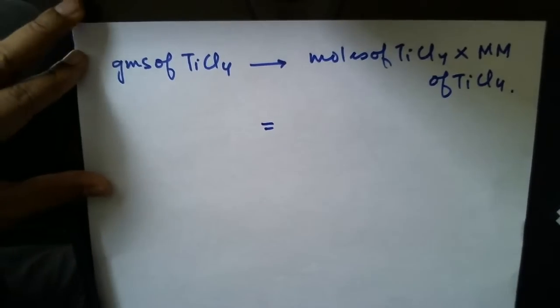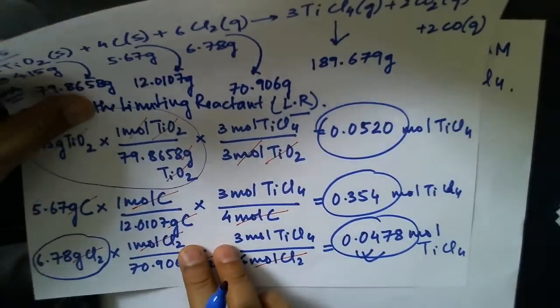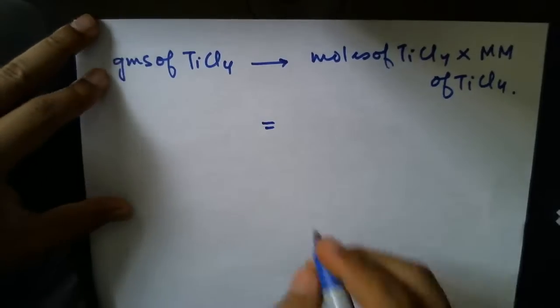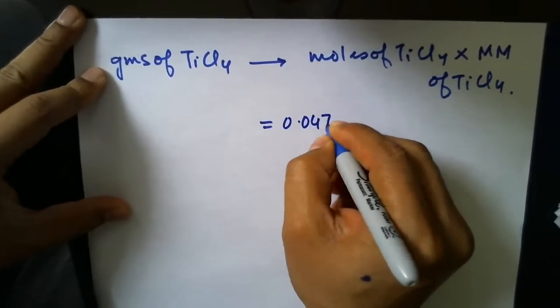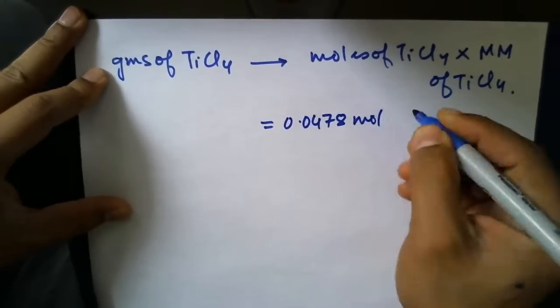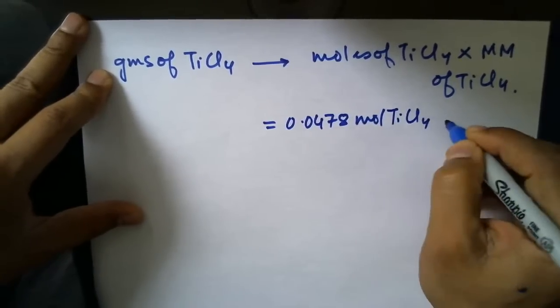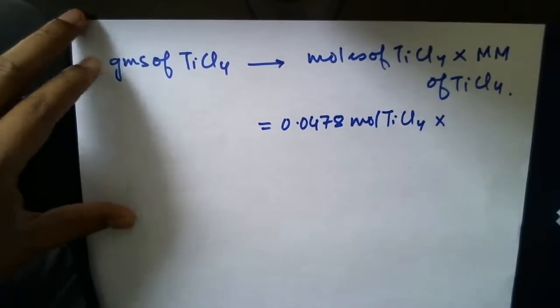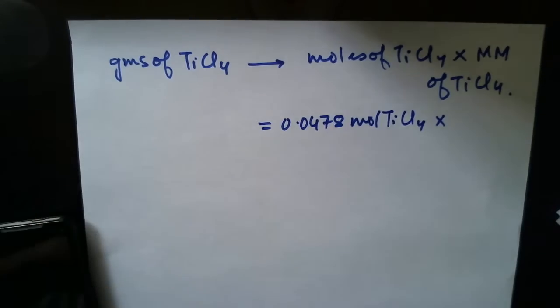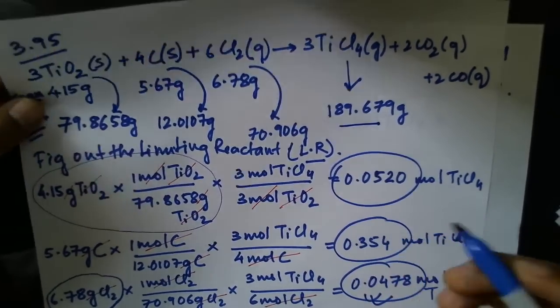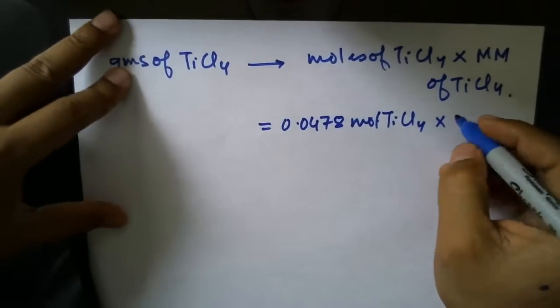So the moles would be the limiting moles as we did on this sheet, so that should be 0.0478 moles. And the molar mass of titanium tetrachloride happens to be, we calculated that previously, that's 189.679 grams per mole.